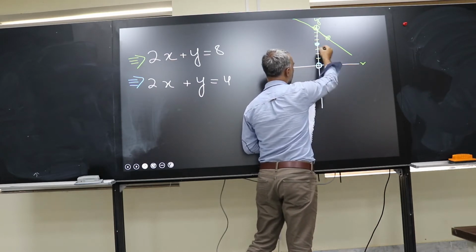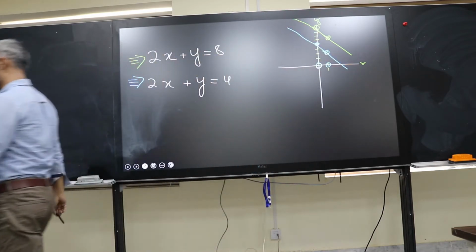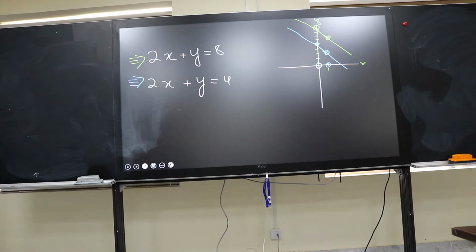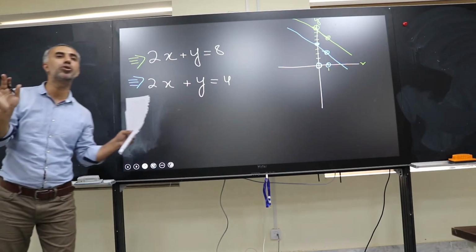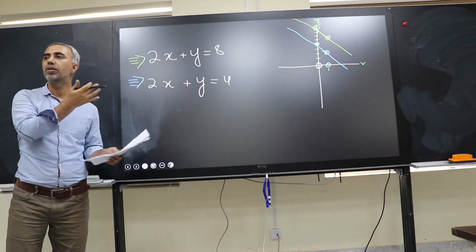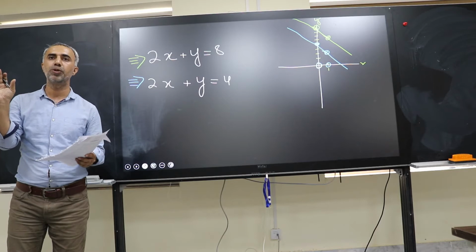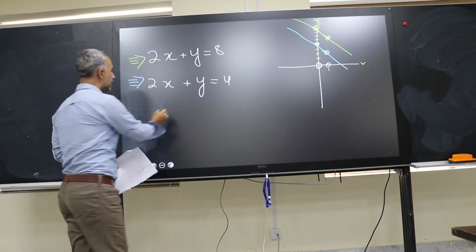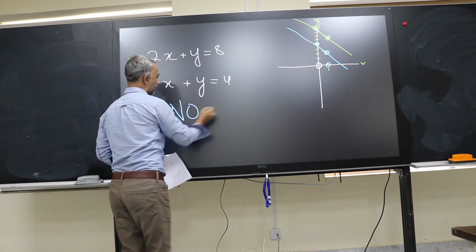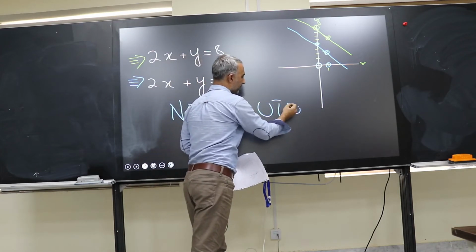By connecting these two points and extending both sides, we get this parallel line. So there is no intersection. If there is no intersection, no unique solution is possible. Technically, no meetup, no solution is possible. So we say no solution.